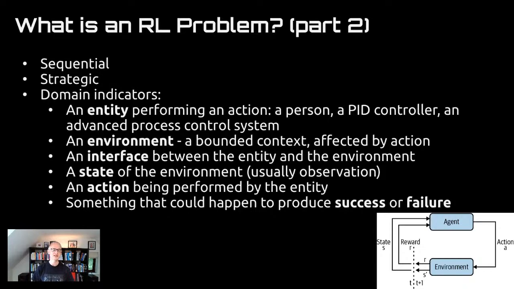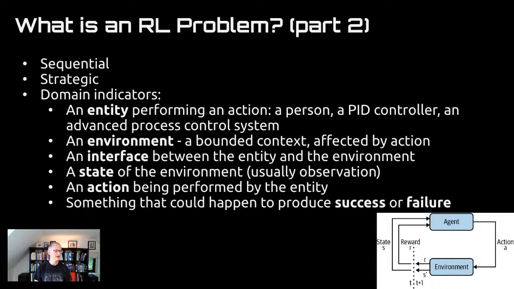Another place that you might look is in a current control system, especially in an industrial process. We've worked with a few companies that have had advanced process control systems, APC systems, which are basically fancy control systems, and they control valves, they control electronics. They typically use PID controllers.